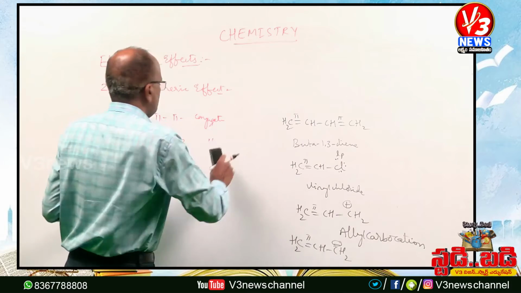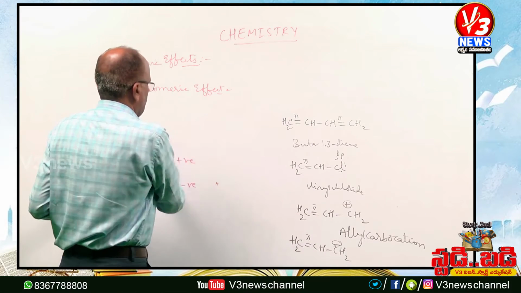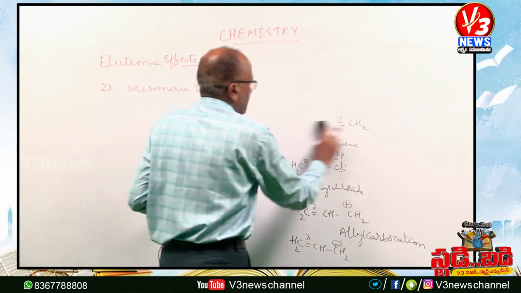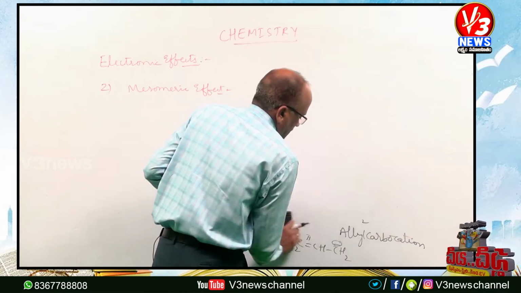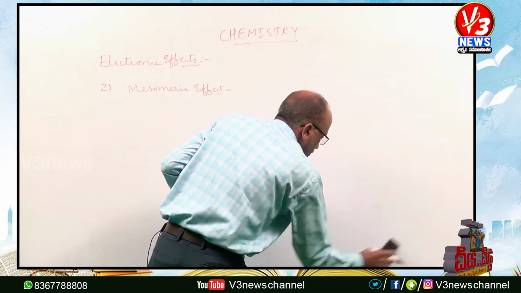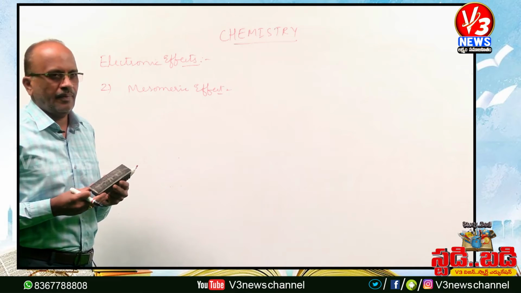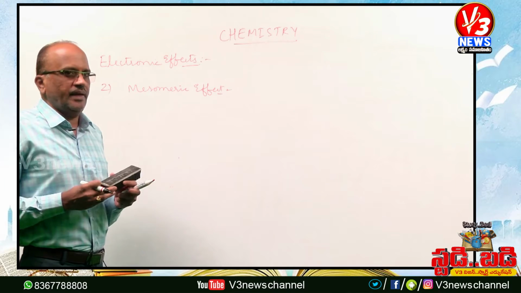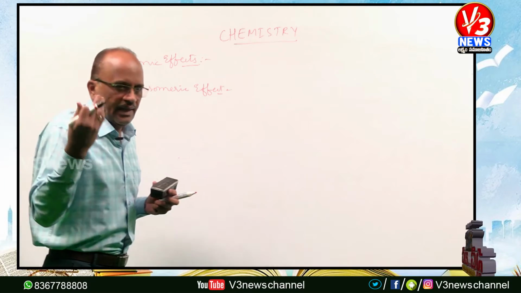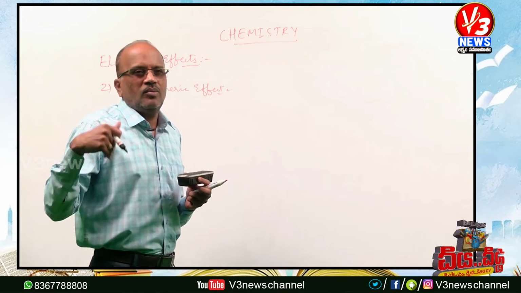Now in this mesomeric effect, we will take groups which show plus mesomeric effect and minus mesomeric effect. Plus mesomeric effect means they release electrons towards the pi bond system.